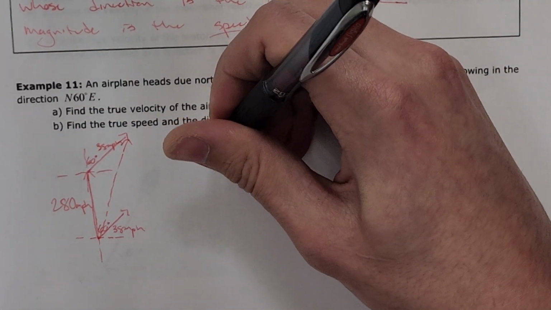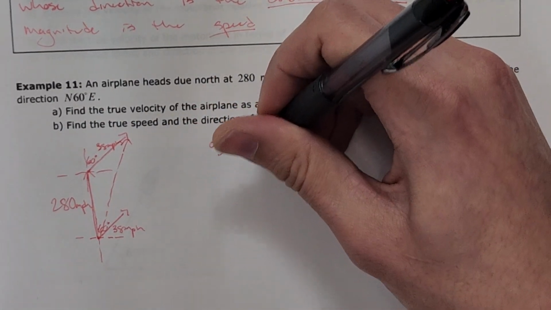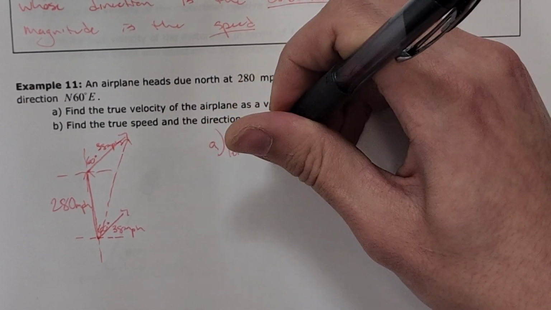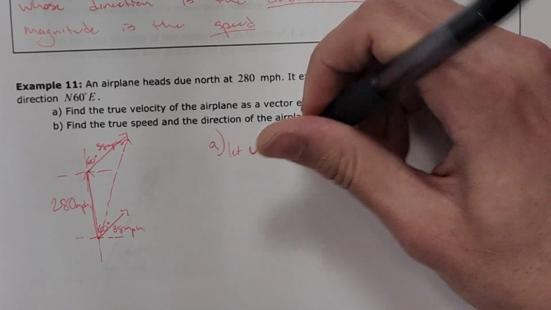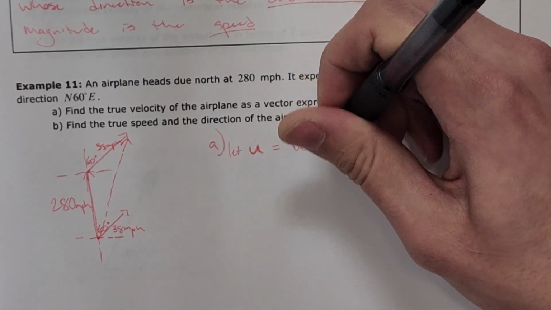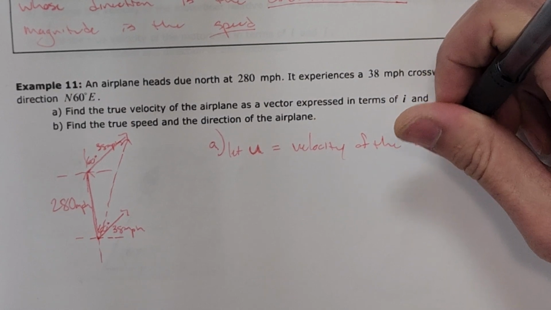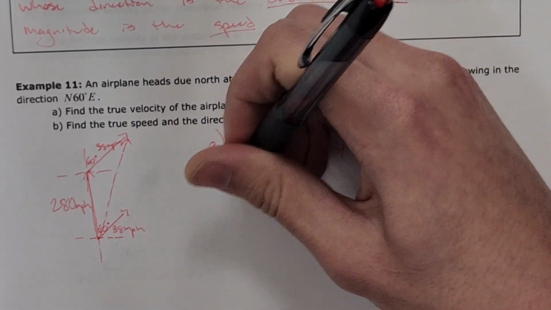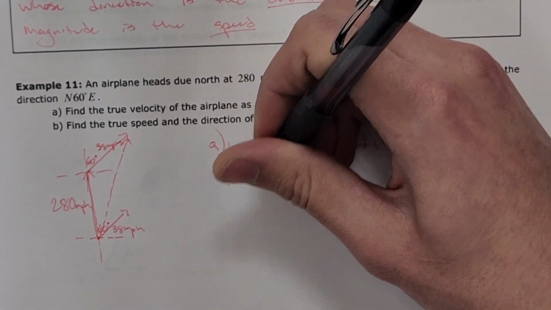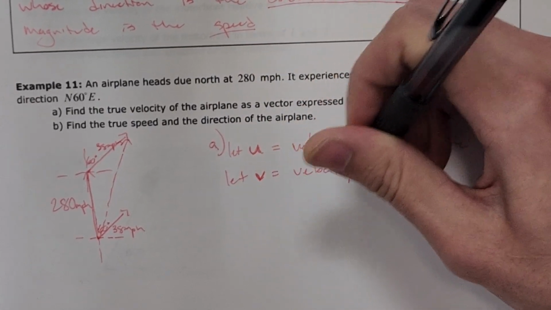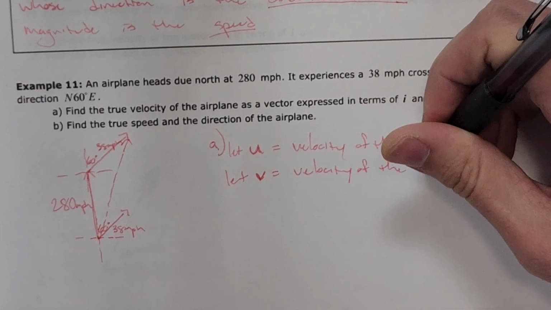Let's go ahead and label some of these vectors. The first vector I'm going to call vector u, and I'm going to say let u be equal to the velocity of the airplane. And then let vector v, remember these are bolded vectors, represent the velocity of the wind.